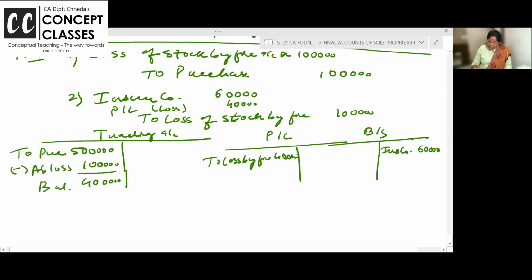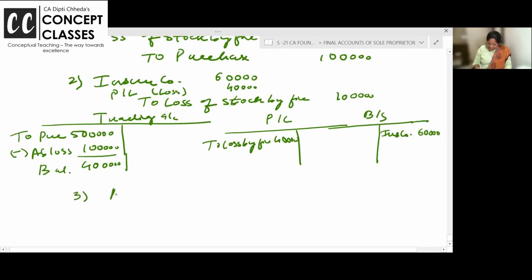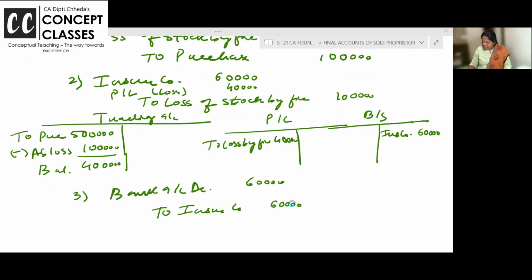And when the money is received from the insurance company, bank account debit, to insurance company, 60,000, 60,000. Just write this and ask any doubts if you have.